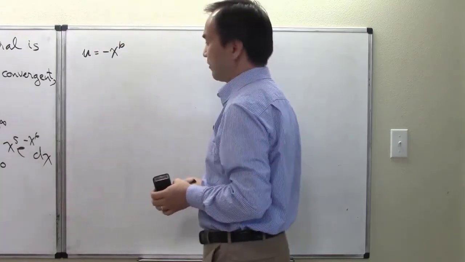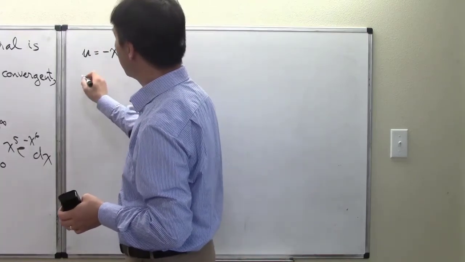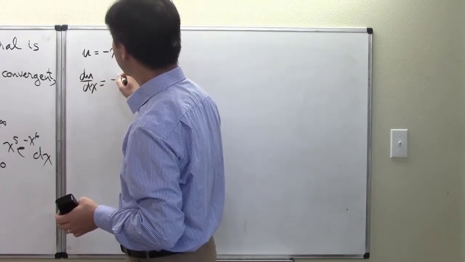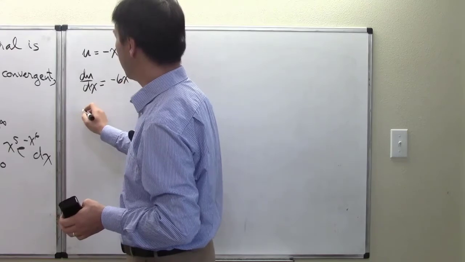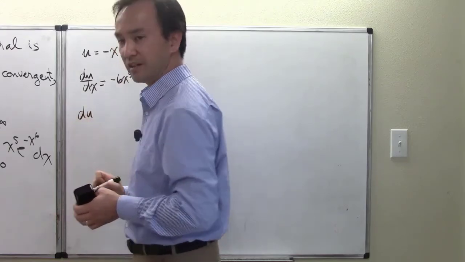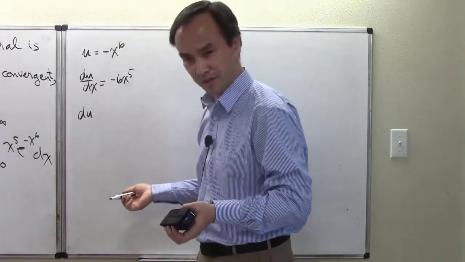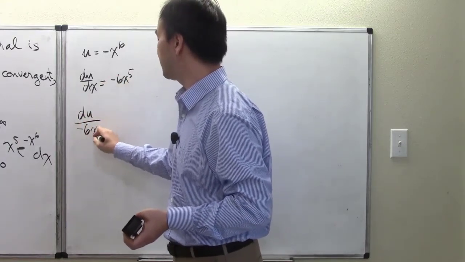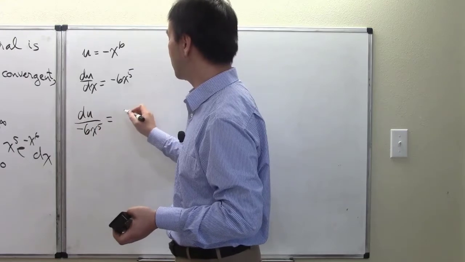If u equals minus x to the sixth, then du/dx equals minus 6x to the fifth, and we can arrange this, after learning the substitution method, as du over minus 6x to the fifth equals dx.